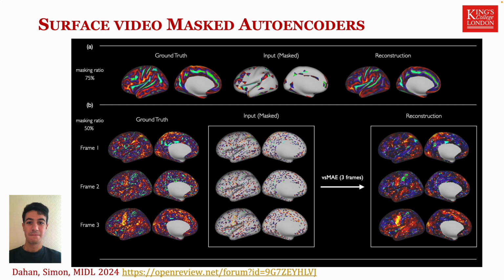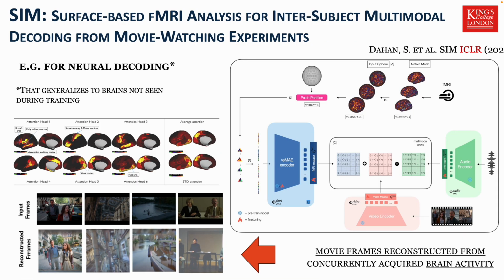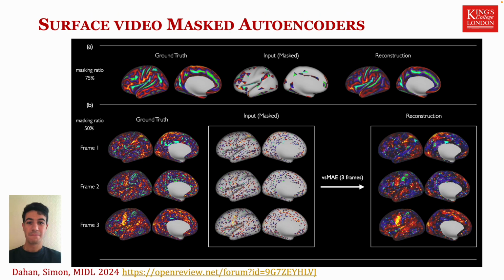And then when you put all of these things together, you can start to use these systems to decode what an individual is watching in an fMRI scanner, even for unseen subjects, where you have absolutely no idea what this brain topography should be, so where the brain areas are, as indicated by the yellow regions that are firing up.